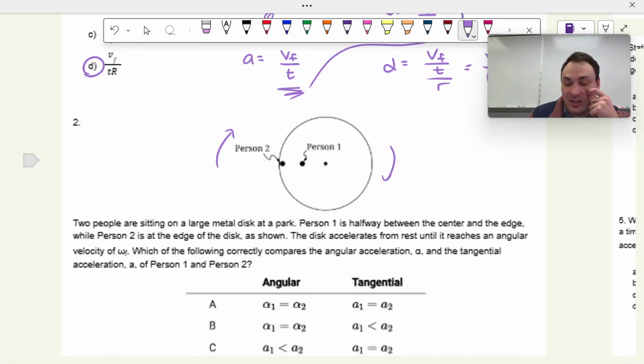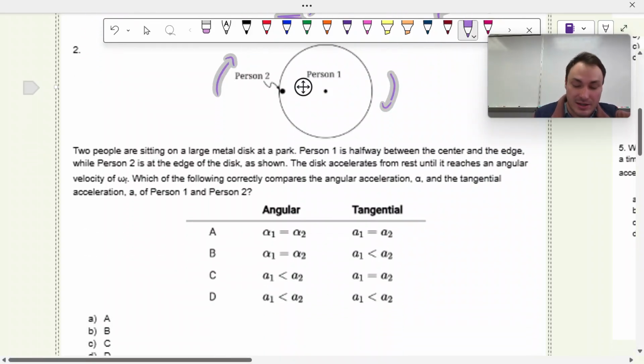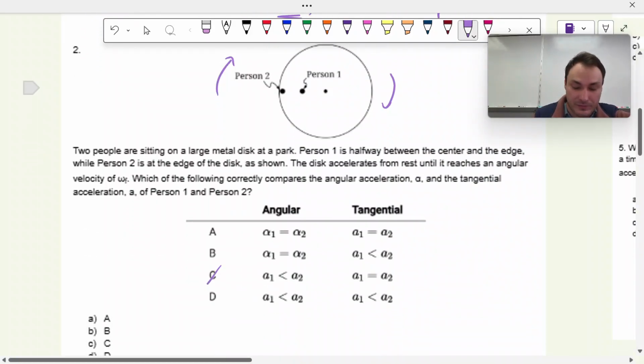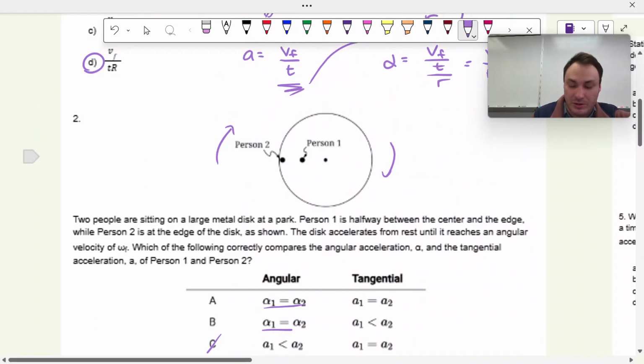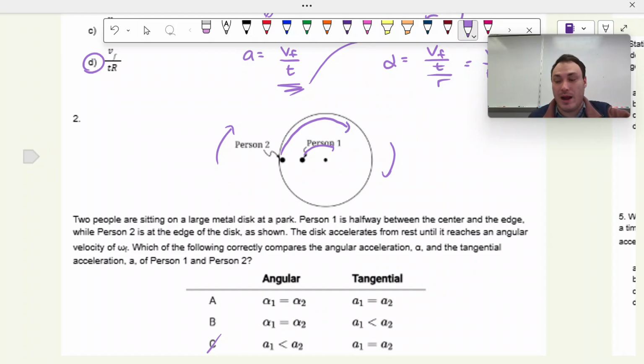Since they are on the same disc, they will have the same angular acceleration. They're both spinning at the same rate. So it's not C, it's not D. The angular accelerations need to be equal. The linear acceleration is going to be greater for person 2 because person 1 has to cover less ground than person 2.